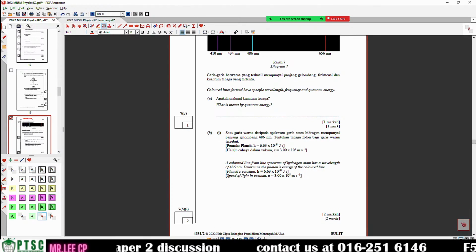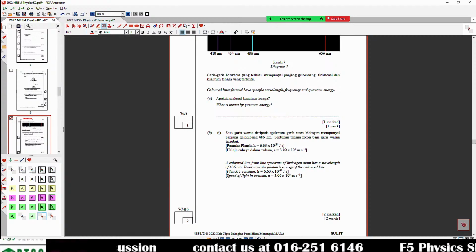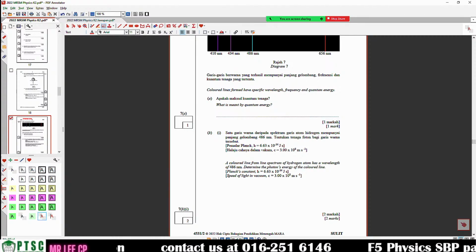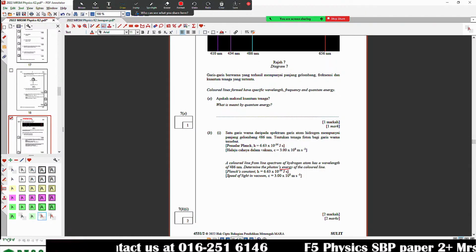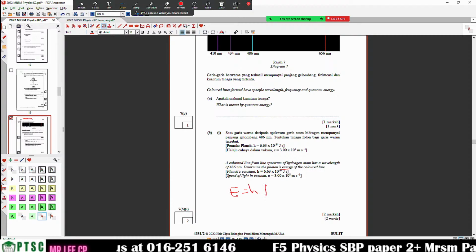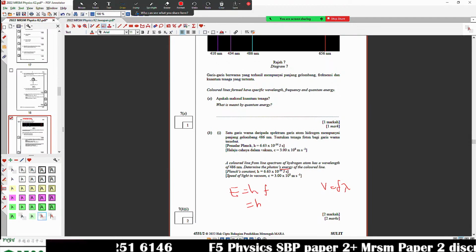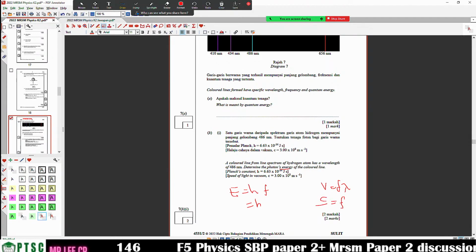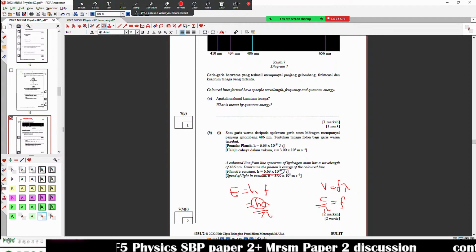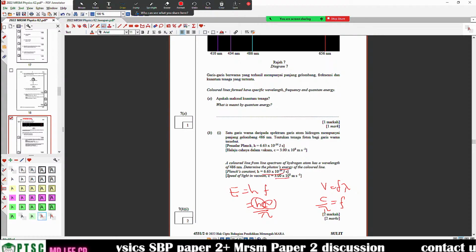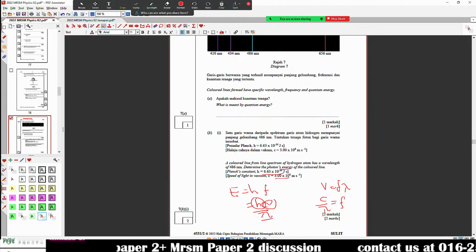B. A color line from the spectrum of a hydrogen atom has a wavelength of 486 nm. Find the photon energy. E is equal to hf, and since V is equal to f lambda, f is equal to c over lambda.